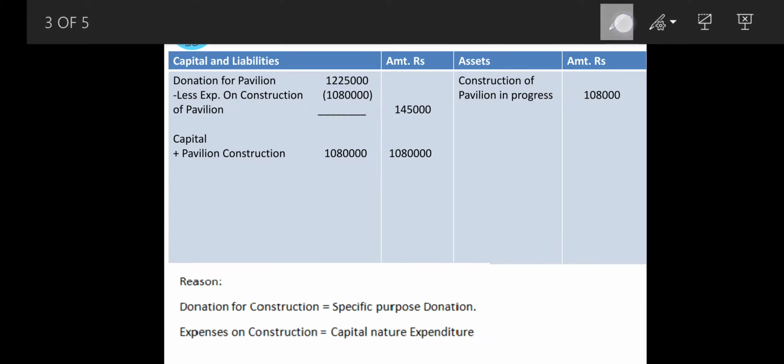Then comes the expenses incurred on the construction of pavilion. Now on the donation you have received, we are going to do the expenses. So expenses is to be minus, so less 10,80,000, and ultimately the donation left is how much? 1,45,000.